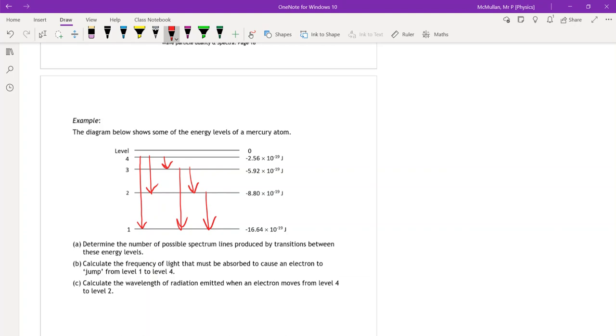Now you'll see the energy that the electron has is increasing. Okay, here this is a higher energy. Sorry, I'll zoom in a little bit.